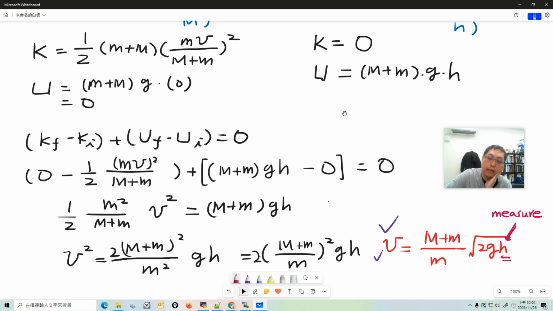We will also introduce a new term called center of mass frame. It's center of mass frame, not center of mass. It's a little different. Center of mass frame is not equal to center of mass.